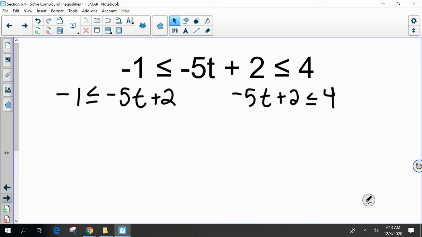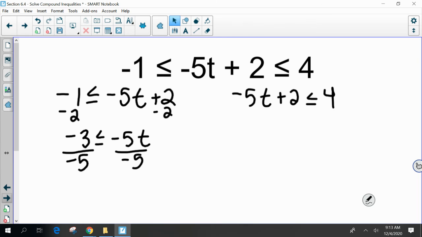Okay, so my first step is subtract 2. And then my next step would be what? Divide by -5 and change your sign. So you're going to get positive 3/5 is greater than or equal to t.